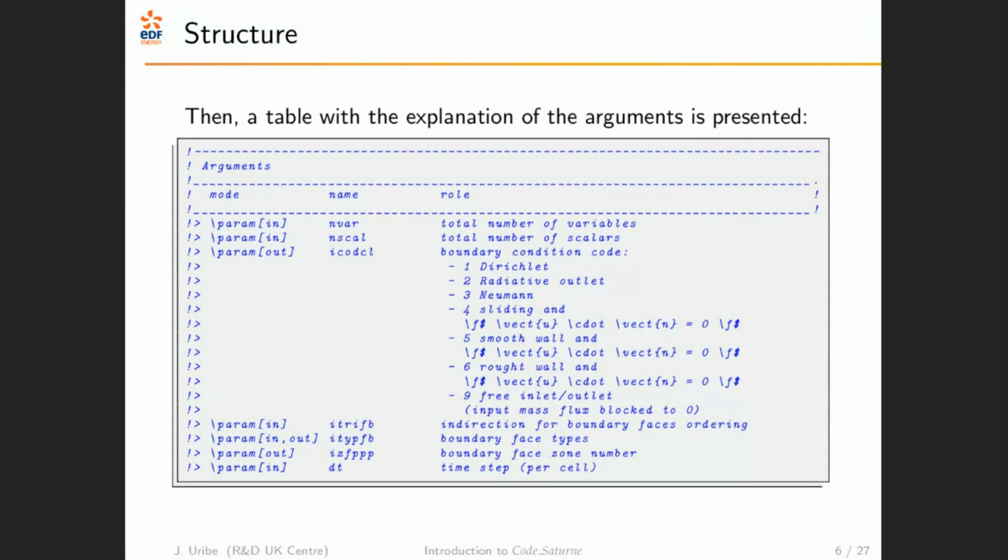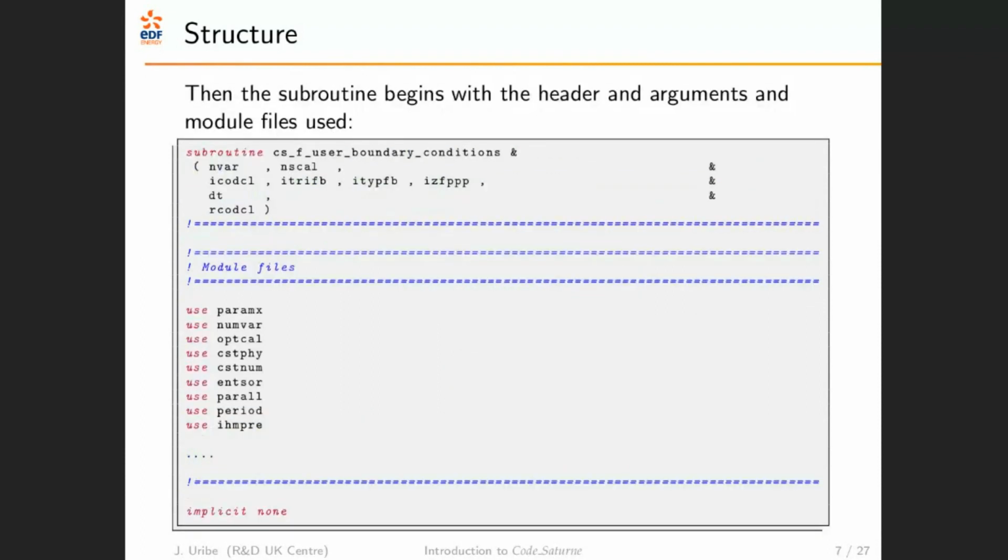So you see things like this ICODCL, for example, which is not really a pretty name, but it comes from that limitation. Nowadays, if you see the C files, for example, they have much more normal names that are more useful.